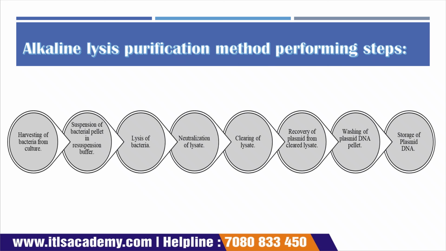Then the alkaline lysis purification method is performed by these steps: harvesting of the bacteria from the culture, suspension of the bacterial pellet in a suspension buffer, lysis of the bacteria, neutralization of the lysate, clearing of the lysate, recovery of the plasmid from the cleared lysate, washing of the plasmid DNA pellet, and storage of the plasmid DNA.